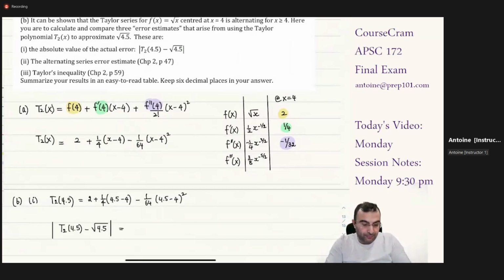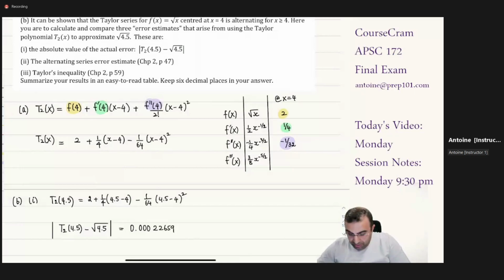So 2 plus 0.25 times 0.5 minus 1 over 64 times 0.5 squared minus the square root of 4.5. And this is a negative number, so I'm going to make it positive because it's an absolute value: 0.000222659.